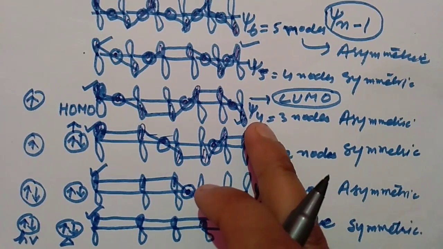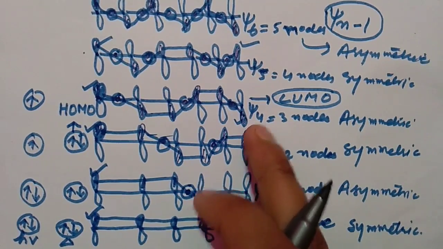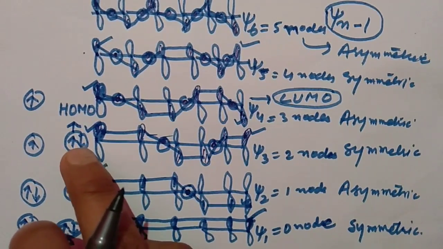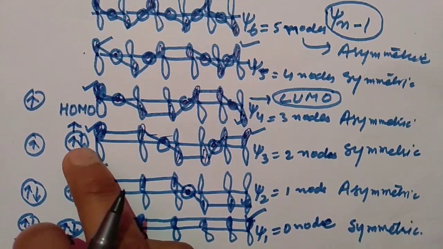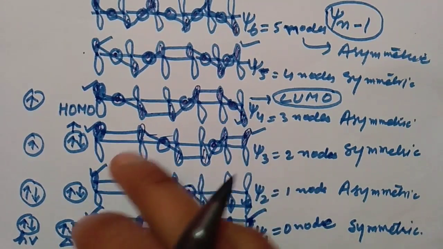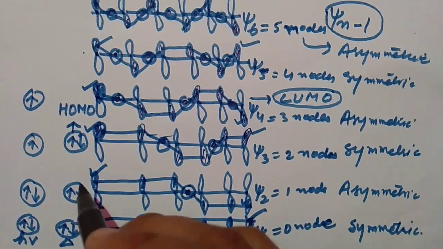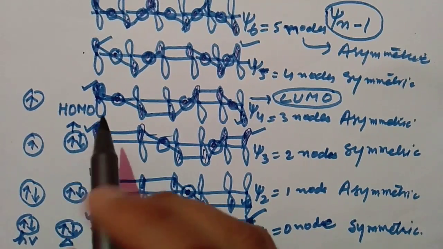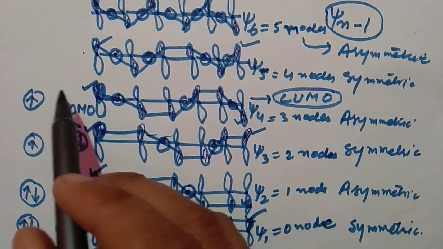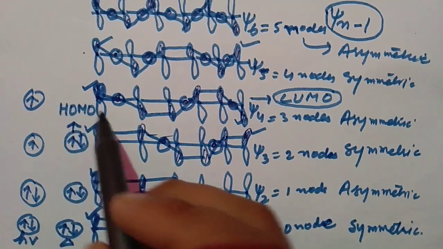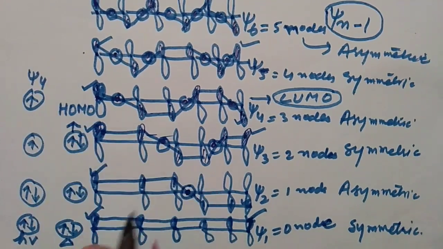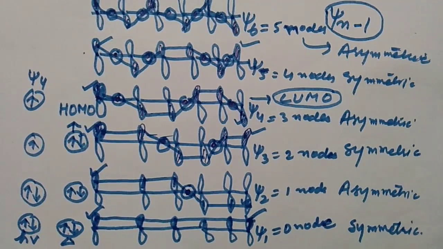Psi 4 is HOMO. In thermal conditions psi 3 is HOMO because psi 3 has electrons, but in photochemical reactions psi 4 is HOMO. Now these 4 orbitals have electrons, and psi 4 is the highest occupied molecular orbital. So psi 4 is HOMO for photochemical conditions.